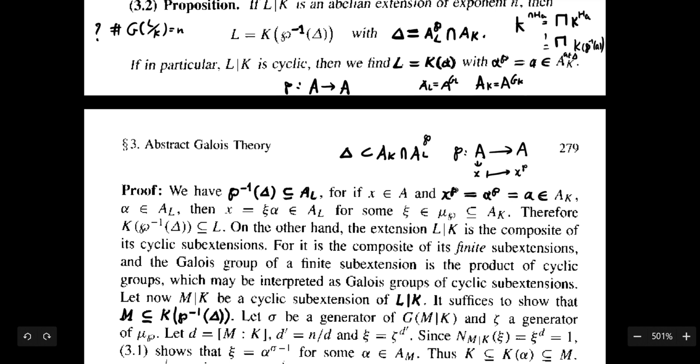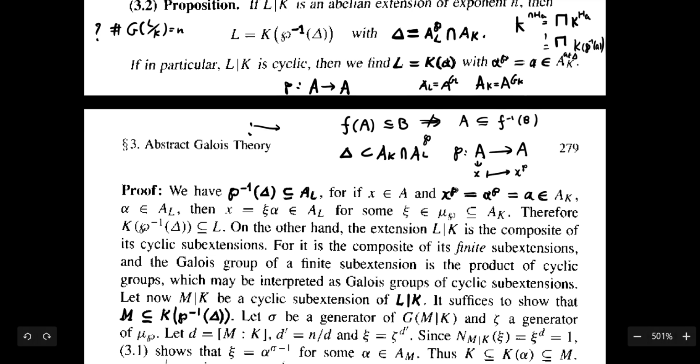Delta is in here, it doesn't tell you that P inverse delta is inside the L. In other words, if you have a map, of course it doesn't tell you that, because F may not be injective.